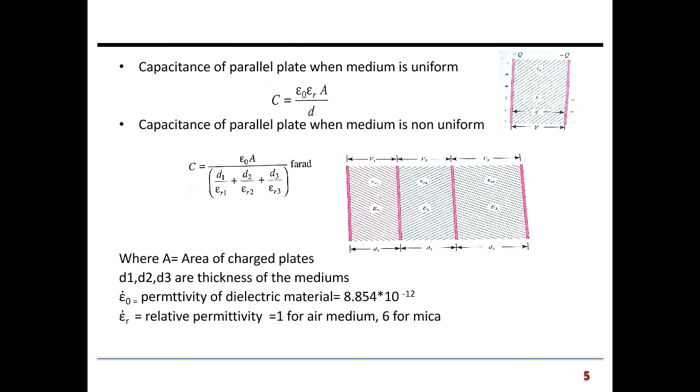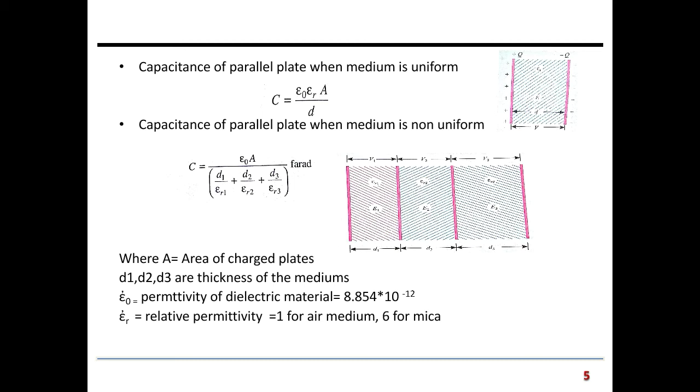It has a permittivity of free space epsilon naught and relative permittivity epsilon R. A is the area of the charged plates, V is the potential difference between the plates, and D is the thickness of the insulating medium. Then the capacitance value is given by epsilon naught epsilon R A by D.